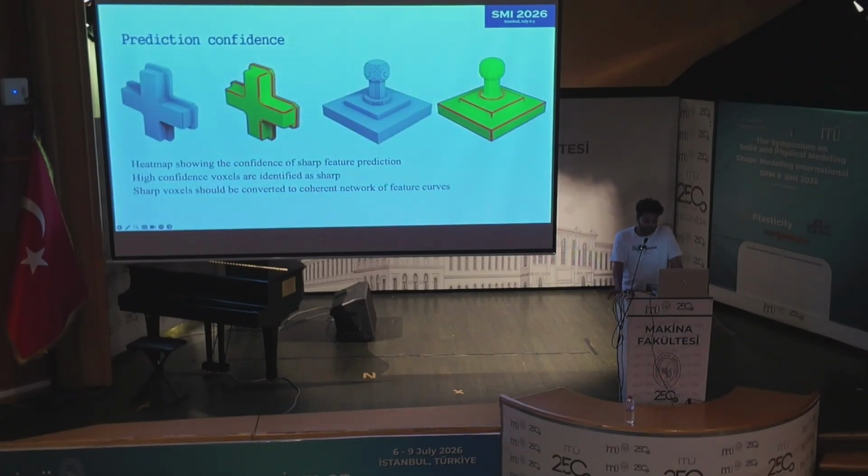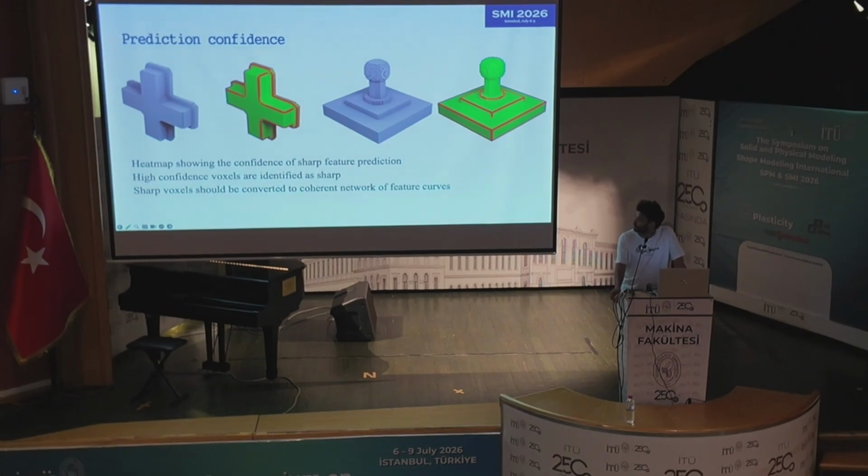So our learning step results in a heat map showing confidence of the prediction. We classify high confidence voxels as sharp. Now we need to convert this set of sharp voxels into a coherent network of sharp feature curves.